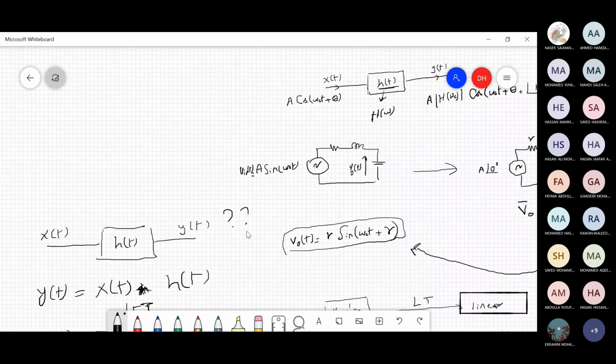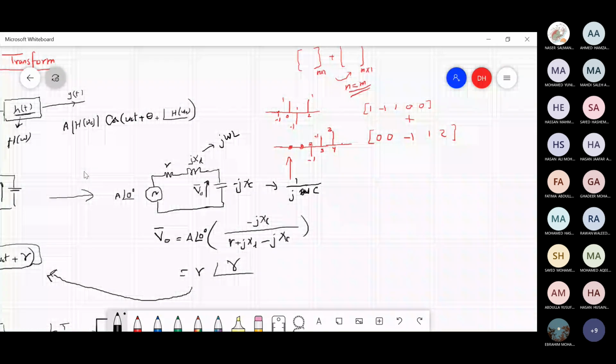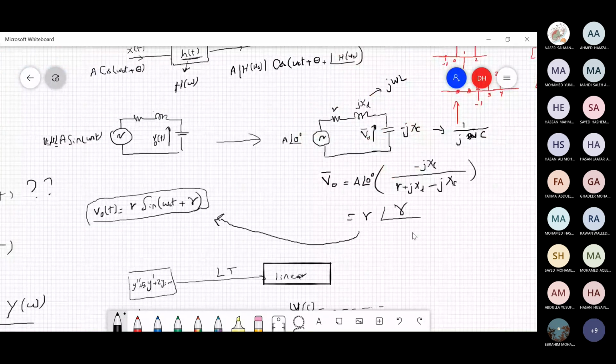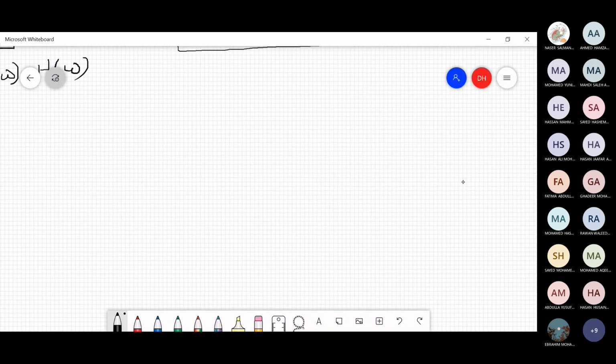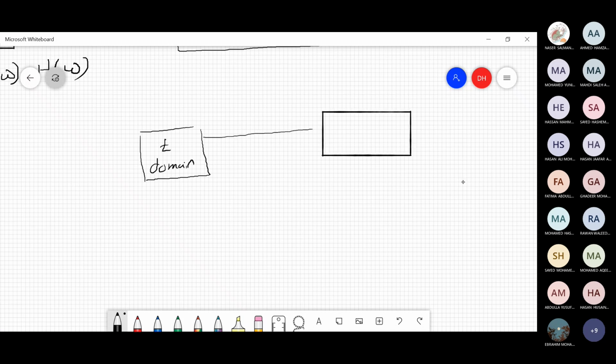Okay, so the Fourier transform is a type of transformation. We change a time domain to frequency domain.